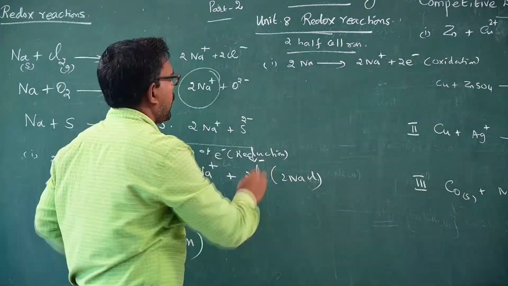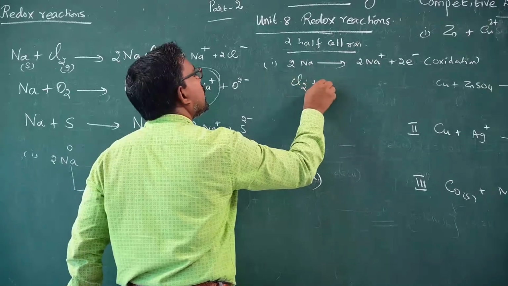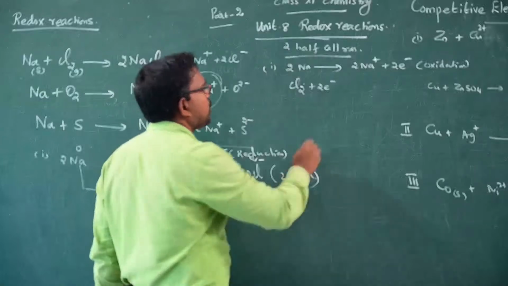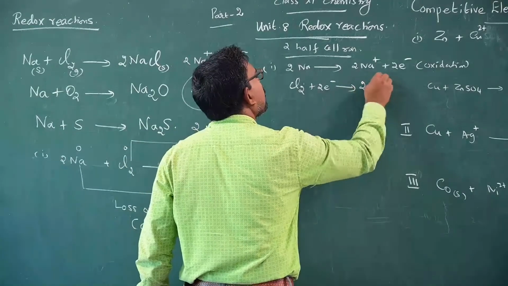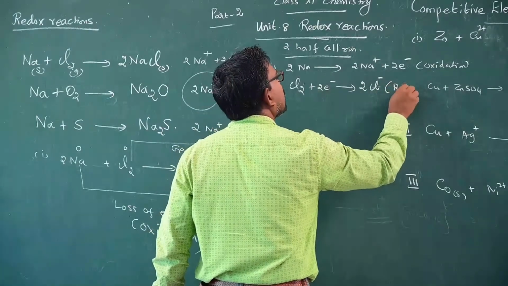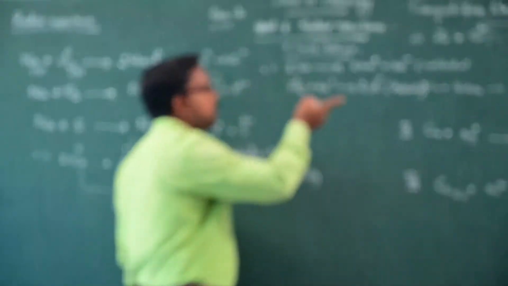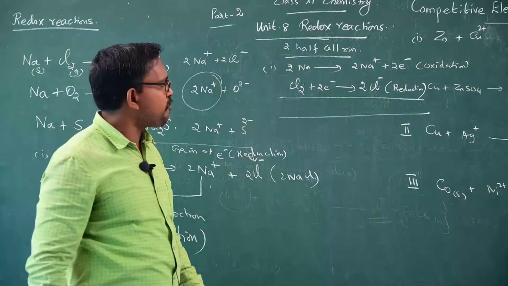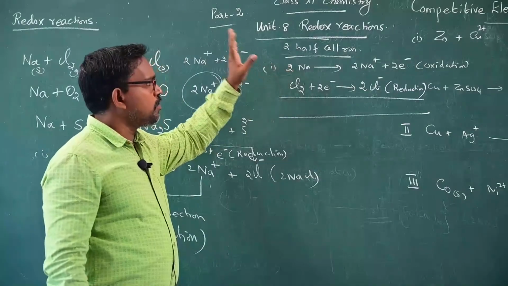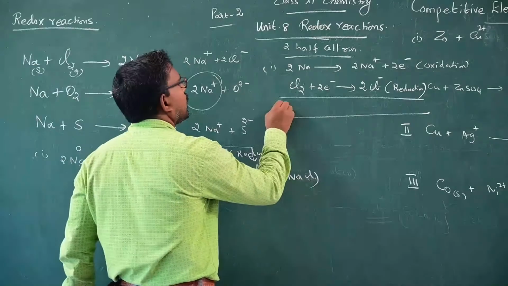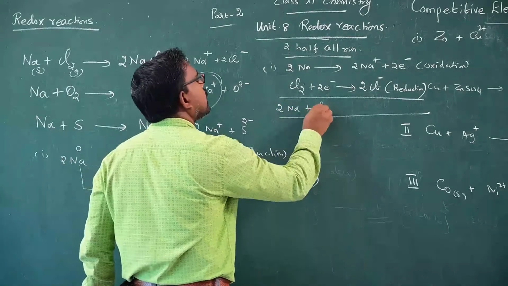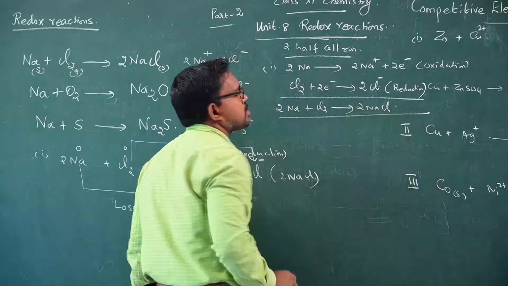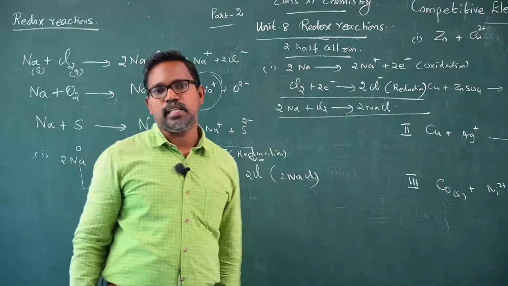Here the chlorine molecule receives 2 electrons, each chlorine taking 1 electron, therefore it gives 2 Cl-. This is gain of electron, that is called reduction. The combination of the two half-cell reactions leads to 2 NaCl. So this is a redox reaction.